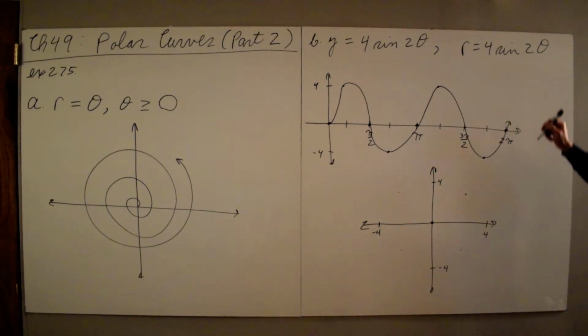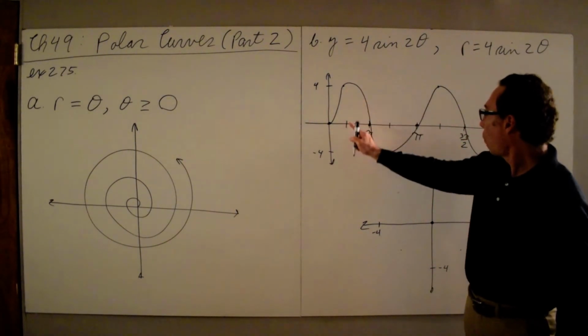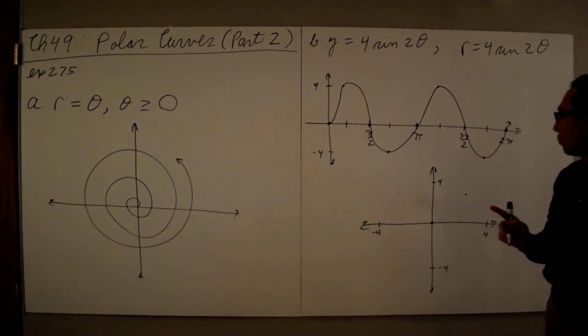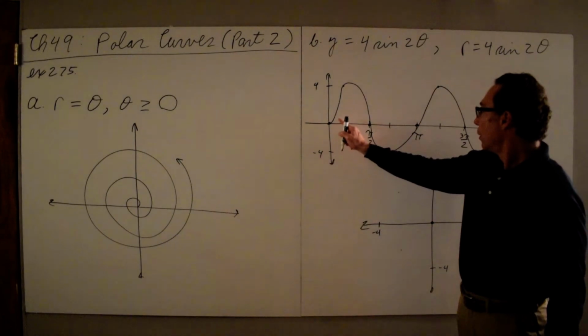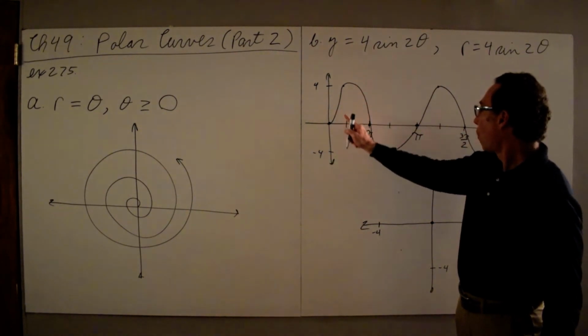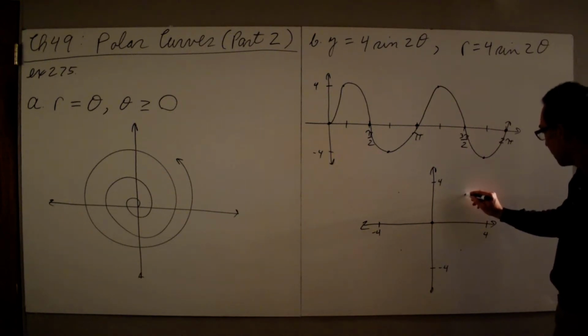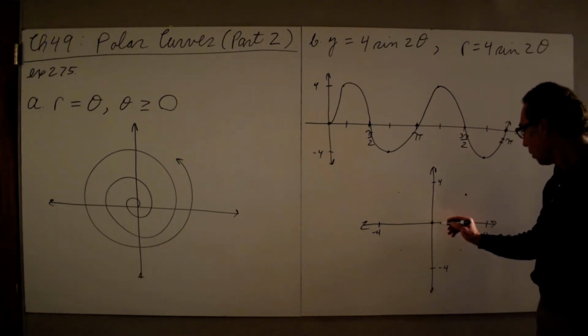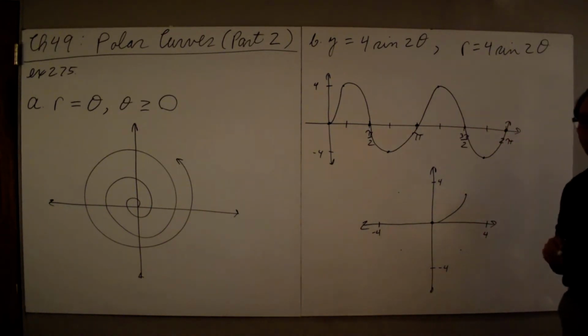Now, as theta increases from 0 to pi over 4, r increases from 0 to 4. And so this represents the point 4, pi over 4. And in polar coordinates, that is this point here. So we start here, and r increases to 4.